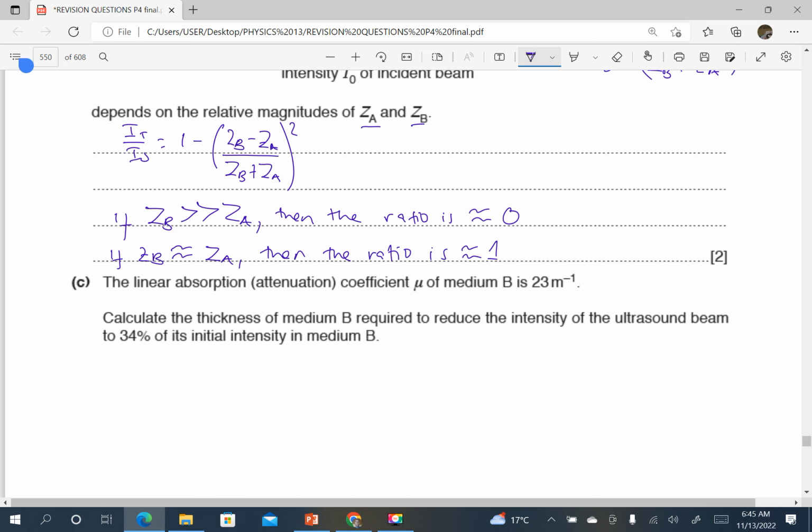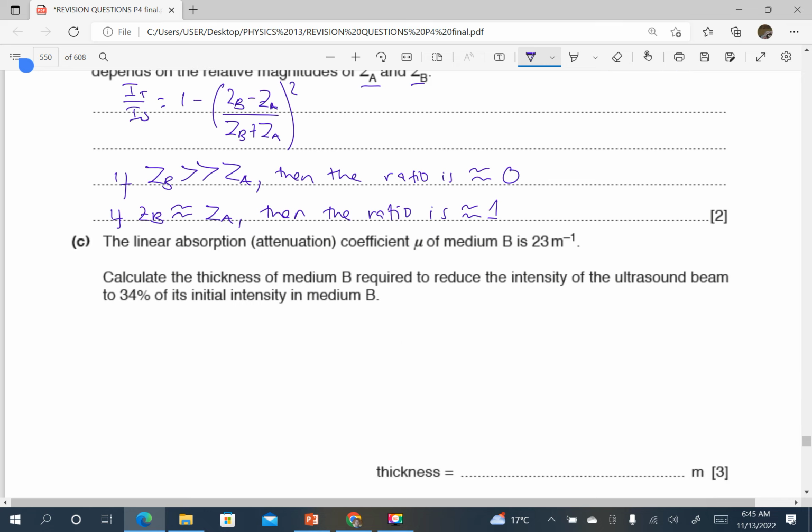The linear attenuation coefficient mu of B is 23 per meter. Calculate the thickness of the medium B required to reduce the intensity of the ultrasound beam to 34%. So we want the transmitted intensity to be 34% of its initial, that is 0.34 of the incident intensity.